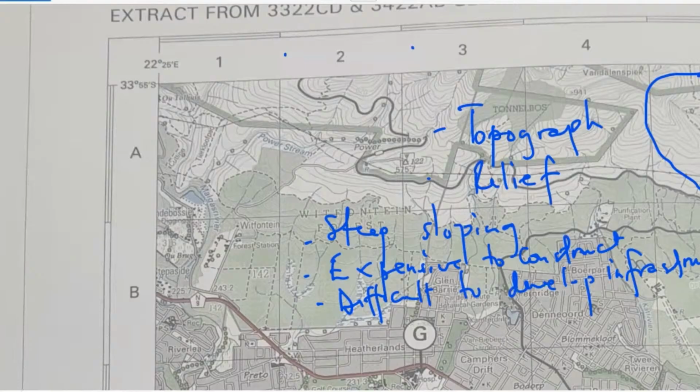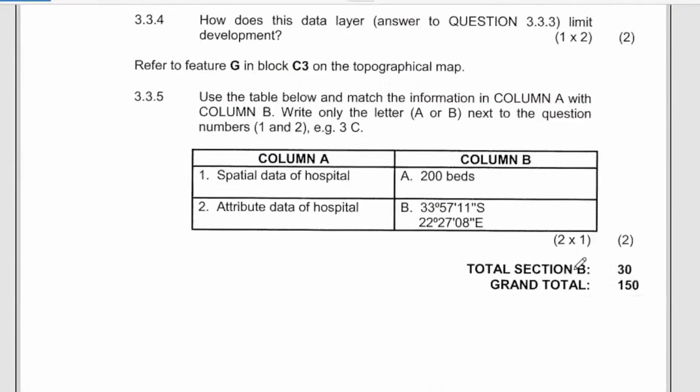Right, the first one is saying spatial data. We know what spatial data is. Spatial data deals with the location of a feature. So spatial data is B. This is location. Information on location of a feature in terms of coordinates, our lines of latitude and our lines of longitude.